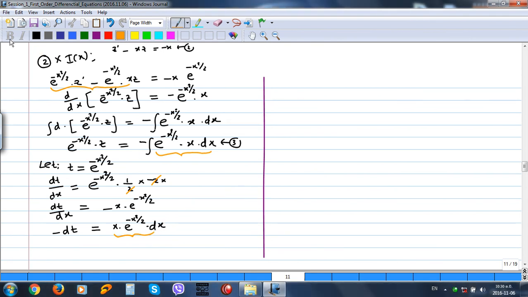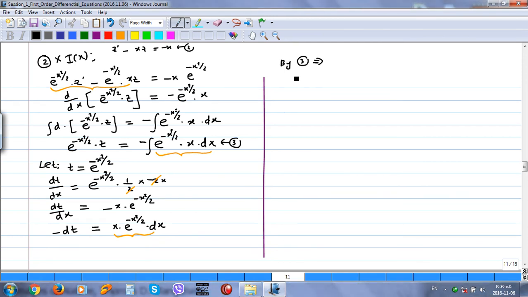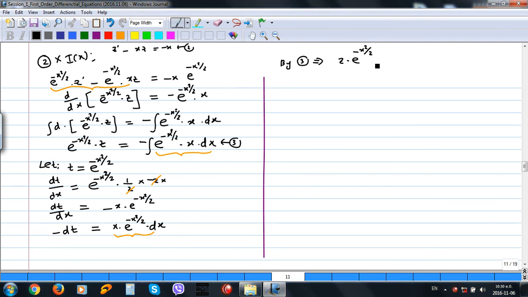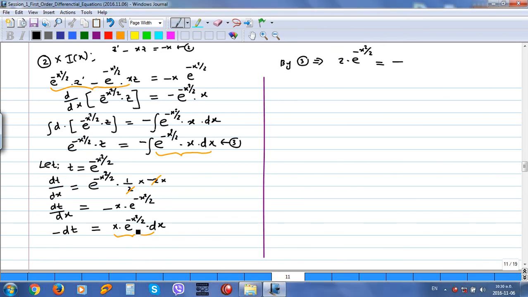So by the third equation, we can write: third equation is z times e to the power minus x squared over 2 equals minus integral, the minus sign is there. Instead of this we can write minus dt.